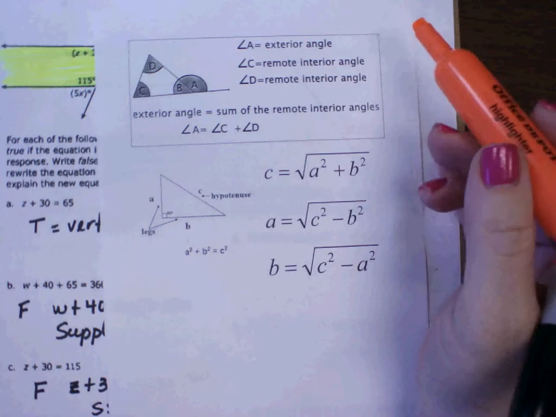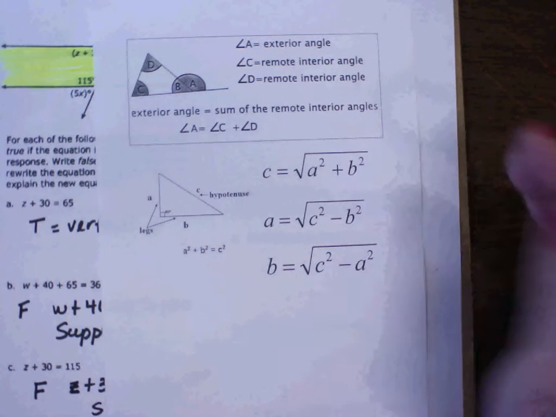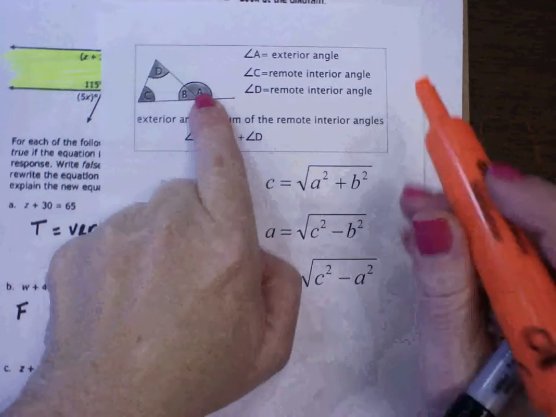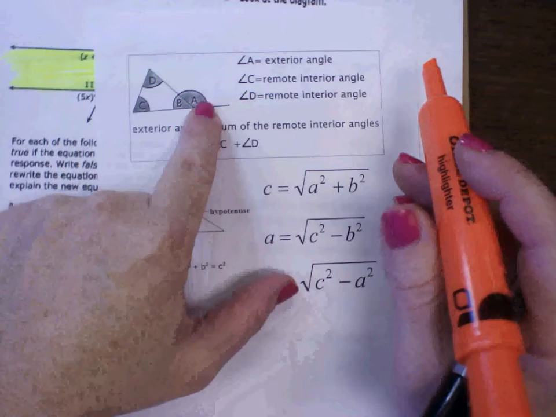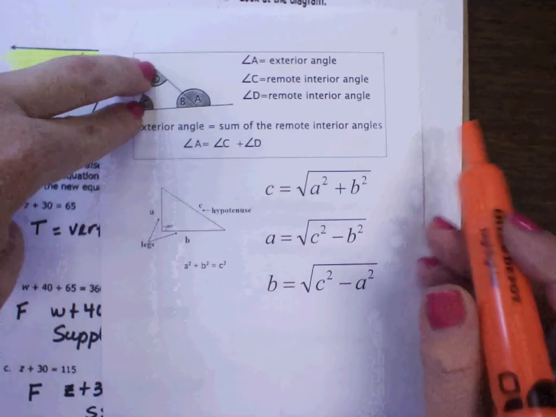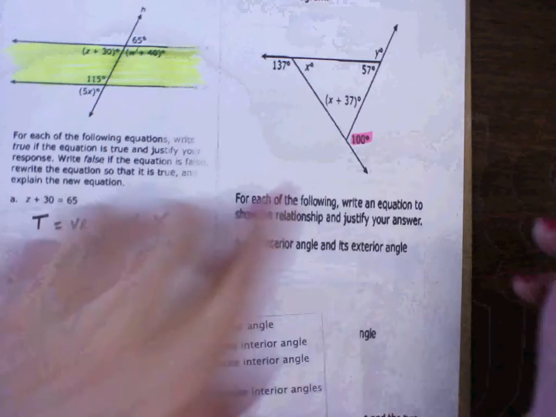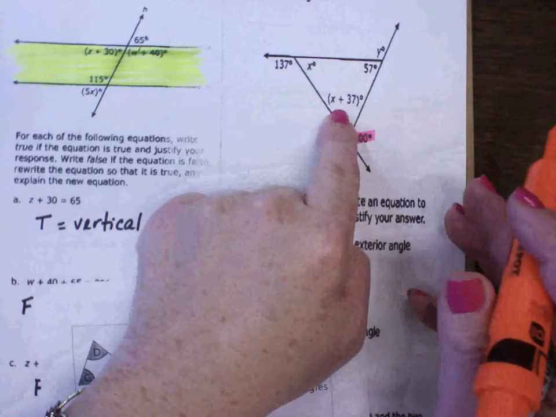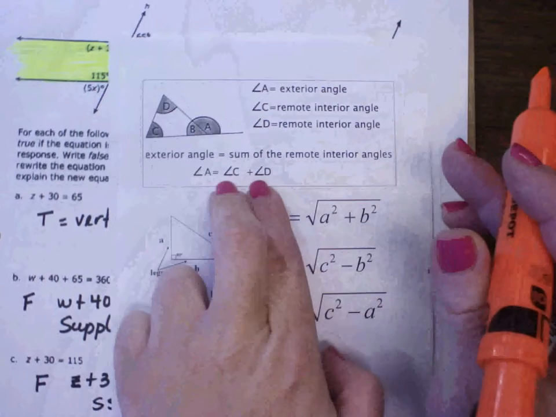Which one is the exterior over here? A. And A equals which one? C plus D. They're not close to it. They're not right beside it. They're on the opposite side. So why are you telling me X plus 37? That's right beside it. The other two that add up to A are not close to it.